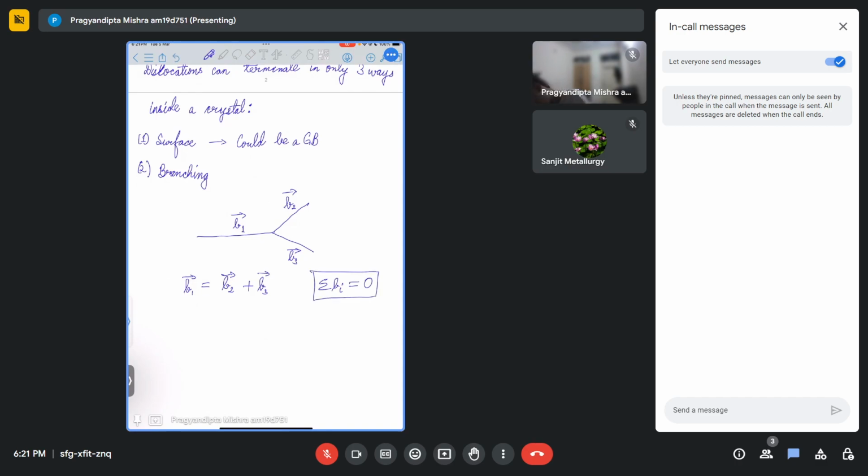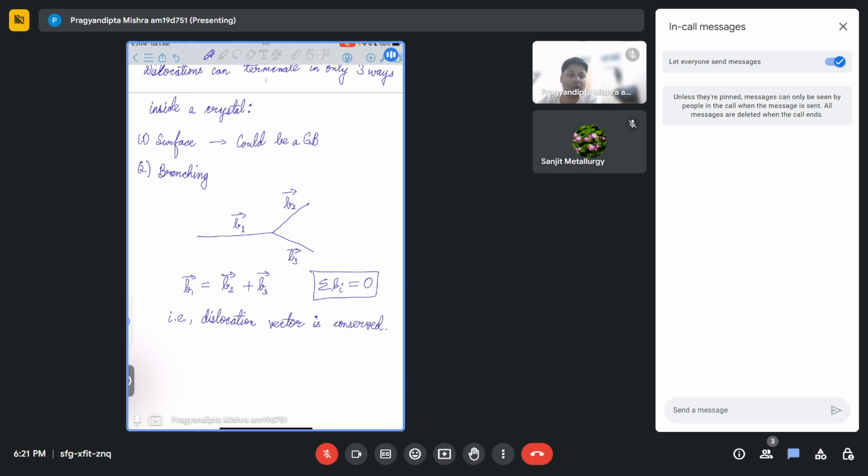That is, the dislocation vector is conserved. Now this is something that has to be followed whenever a dislocation is branching out. Because if the Burgers vector or the slip vector is not being followed, then that means that the dislocation has terminated and now we have moved on to a new dislocation.